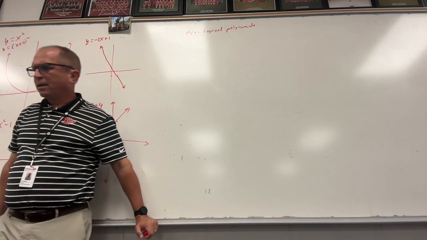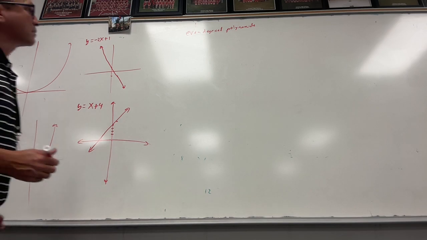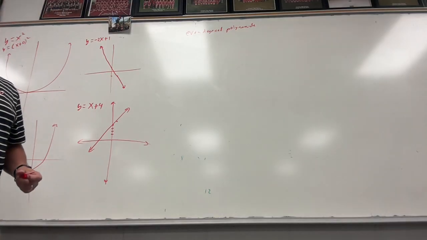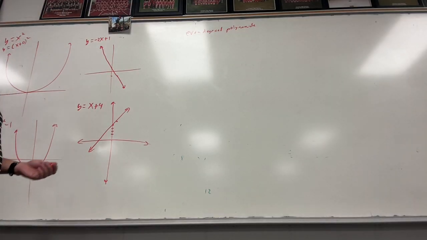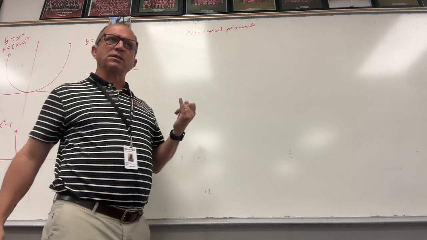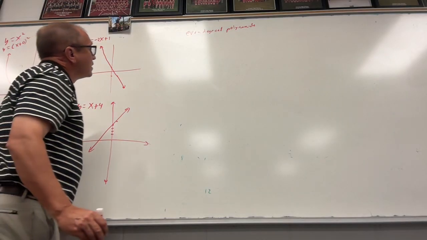Exponent, yeah. You take the highest exponent in there. So the degree of a polynomial is its highest exponent. Again, understanding that a polynomial equation is an equation where all exponents are non-negative integers.